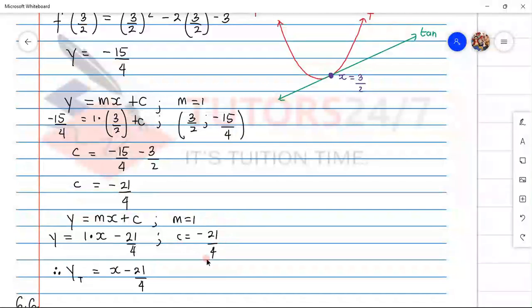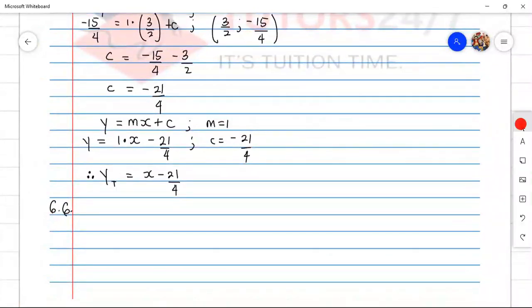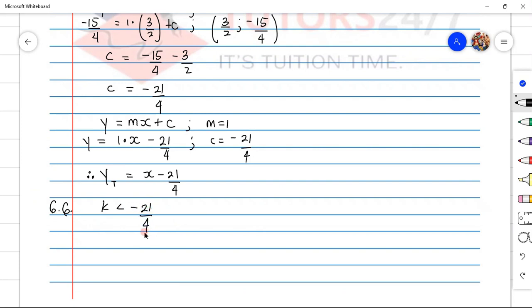So this c value is negative 21 over 4, and we are not allowed to go higher than negative 21 over 4, because if we do, it's going to start intersecting f. So the answer to this is k less than negative 21 over 4.